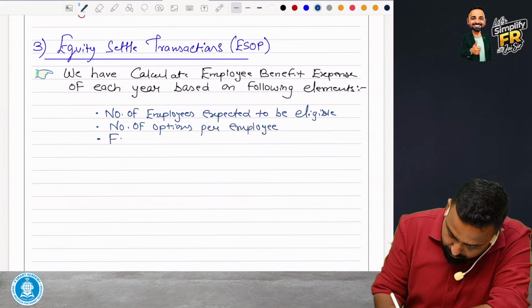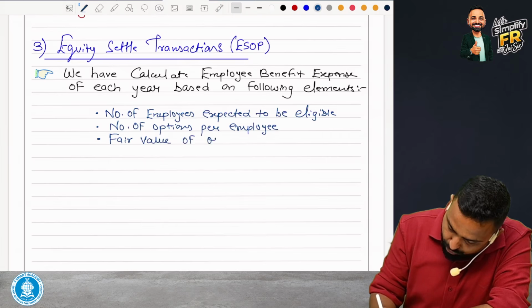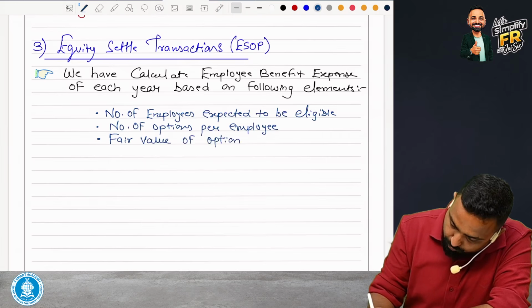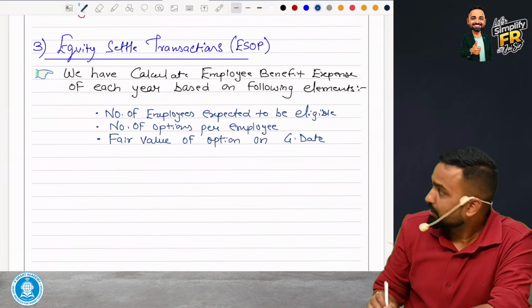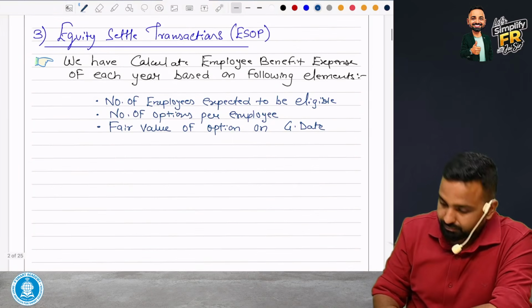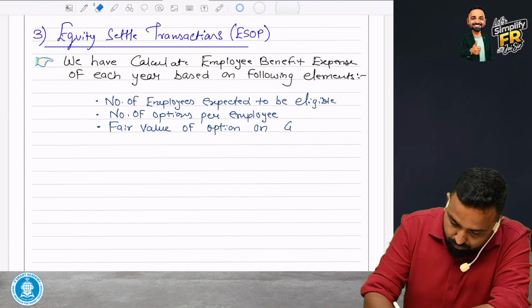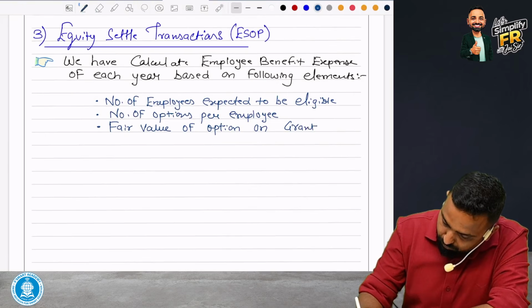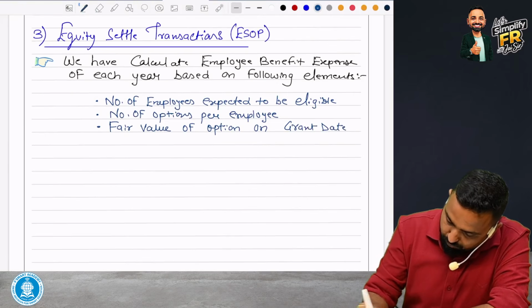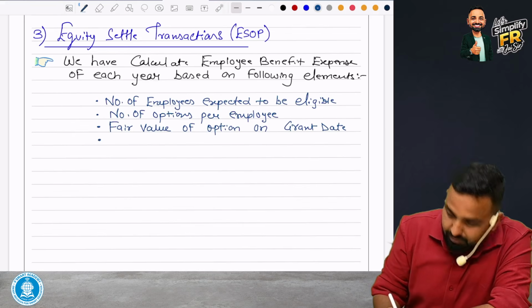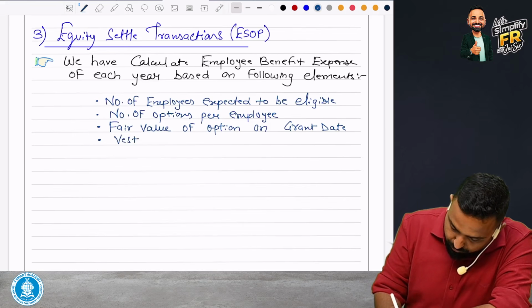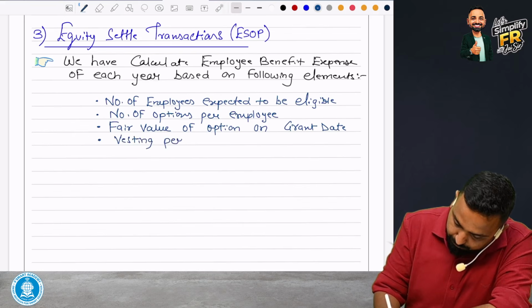Third, fair value of option on grant date. And vesting period.